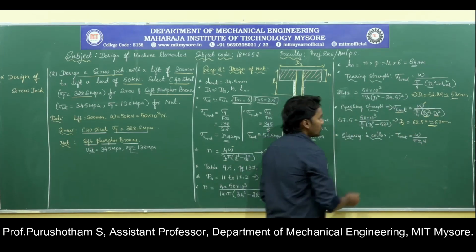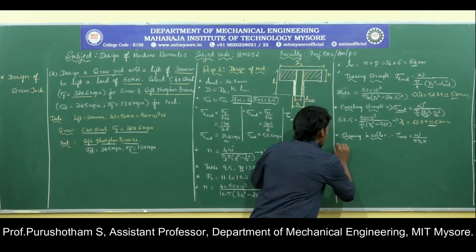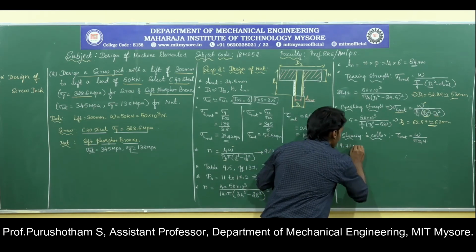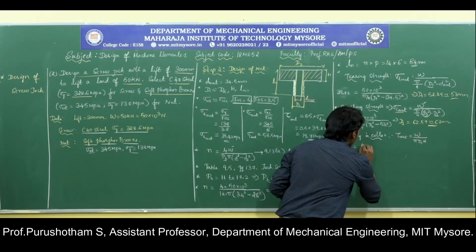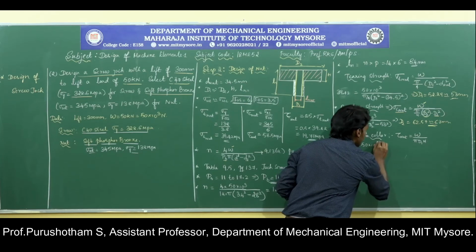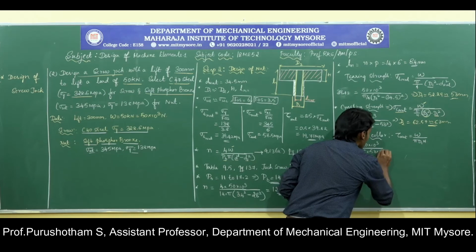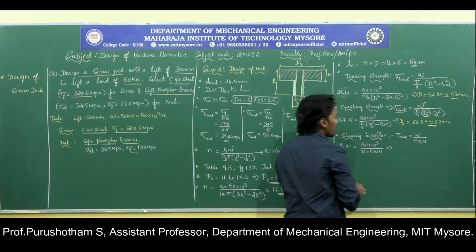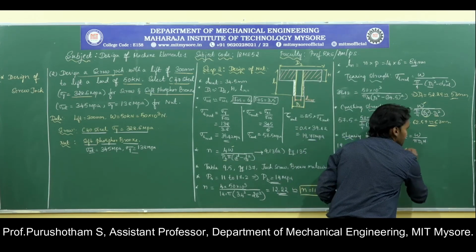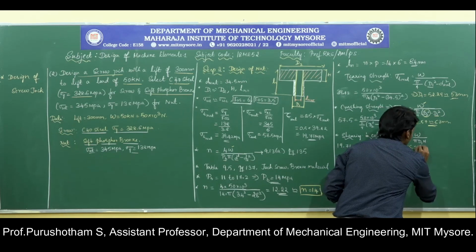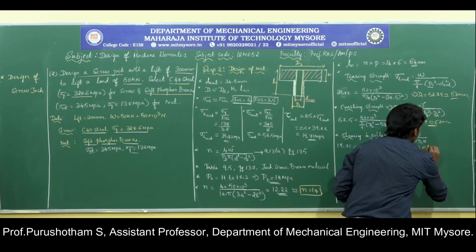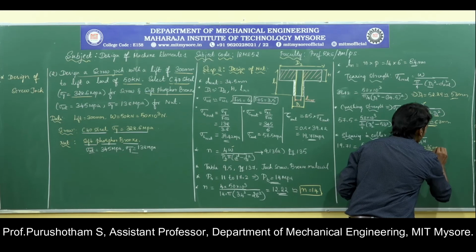Tau of nut is 19.71. W is 50 into 10 power 3, pi into d1, which is 53. The only unknown is the h value, which is 15.23, that is approximately equal to 16 millimeter.